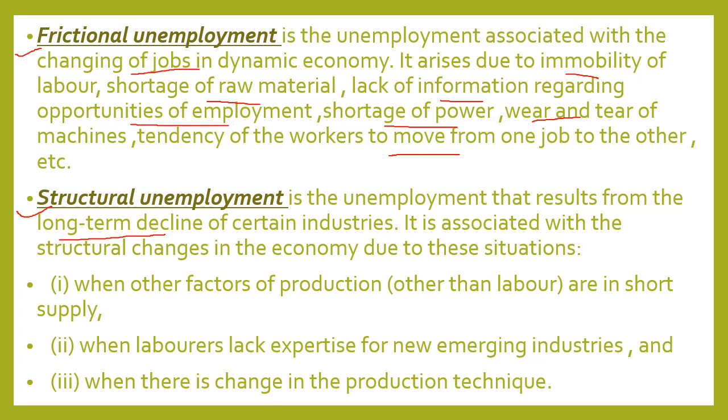It is associated with structural changes in the economy due to these reasons. When other factors of production other than labor are in short supply, but there is labor, in that situation labor wants to work but can't work, that is structural unemployment. When laborers lack expertise for new emerging industries, and when there is change in production technique.